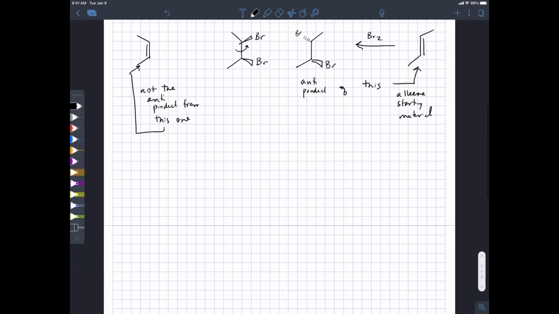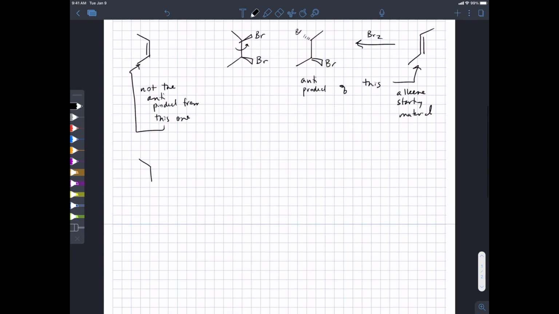Let me try it out from the other direction. Let's imagine doing the halogenation reaction on this cis alkene. We would get this bridged bromonium ion as an intermediate, and then Br minus would come in as a nucleophile from the back side.